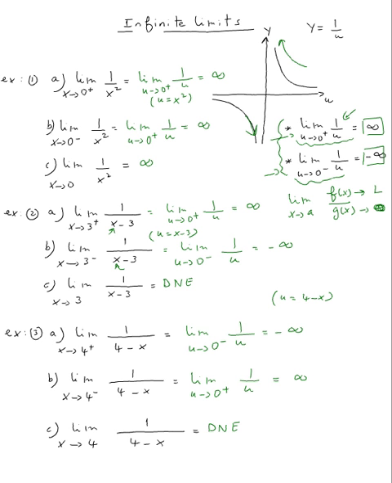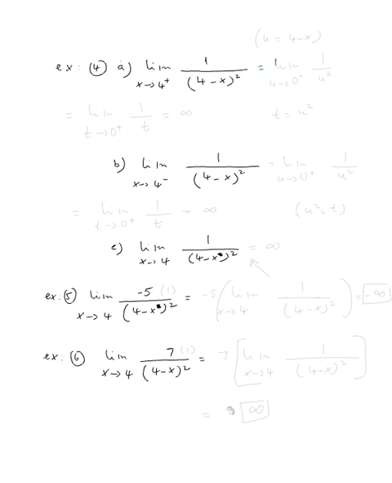Now let's move on to example 4. Here, let's do two substitutions. This is the same thing as the limit of 1 over u squared as u approaches 0. I'm letting u be equal to 4 minus x. So as x approaches 4 from the right side, use any number bigger than 4, like 5. 4 minus 5 is negative, so this is 0 minus.